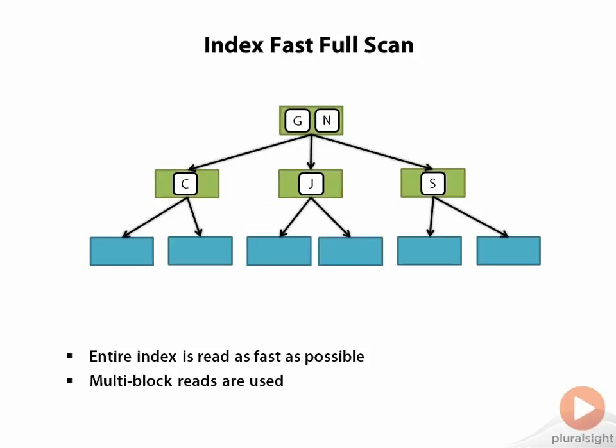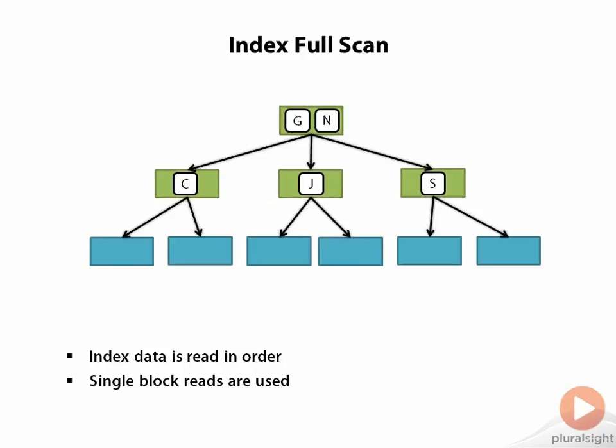The final index operation we are going to discuss is an index full scan operation. Note, this is different than the index operation we just discussed, an index fast full scan operation. In an index full scan operation, Oracle reads the entire contents of the index in sorted order.